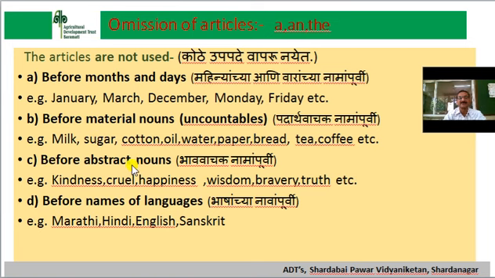Before abstract nouns: kindness, cruelty, happiness, wisdom, bravery, truth, etc. Articles are not used before these abstract nouns. Before names of languages: Marathi, Hindi, English, Sanskrit, articles are not used before the names of languages.